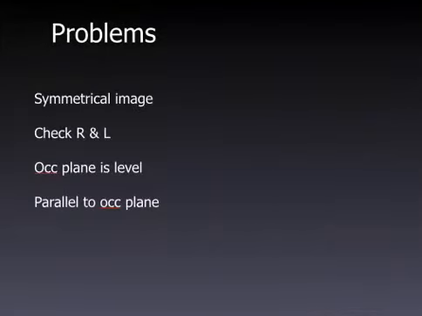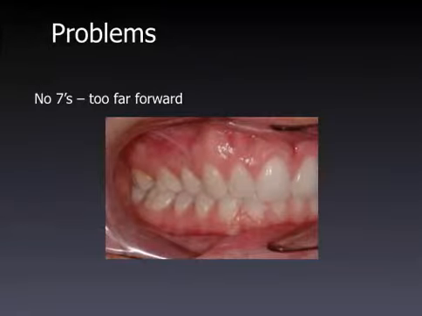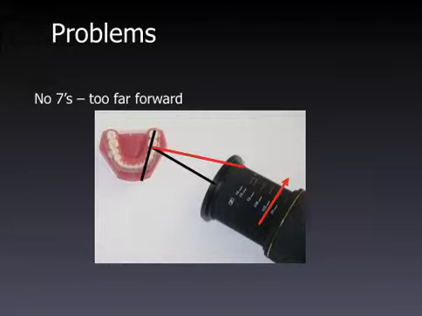Other problems: try and create a symmetrical image, make sure the occlusal plane is level and that you're parallel. What do I mean? Well, here we're too far forward. We're not perpendicular to the teeth. We need to swing the camera distally, so the patients may need to pull harder on the cheek retractors.